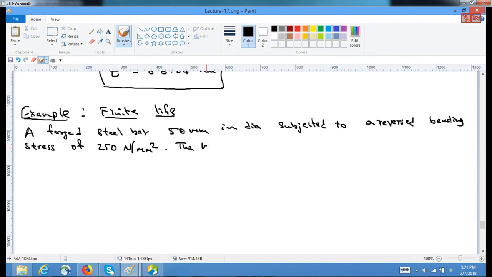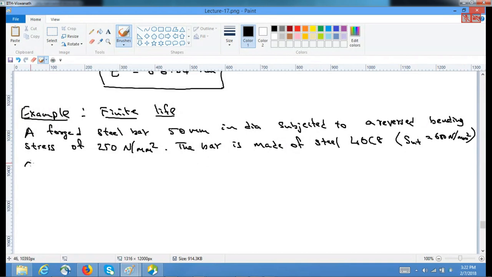The bar is steel of grade 40C8. That means SUT is equals to 600 Newton per mm square.